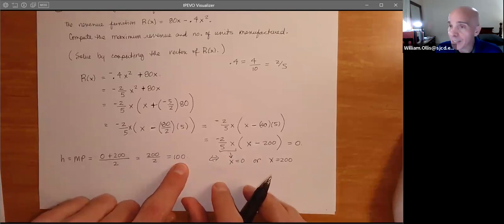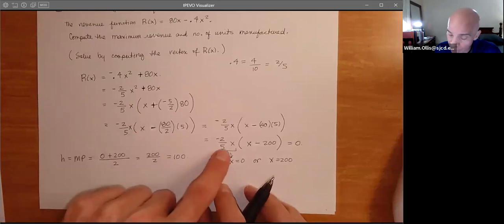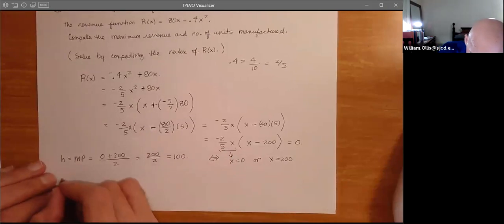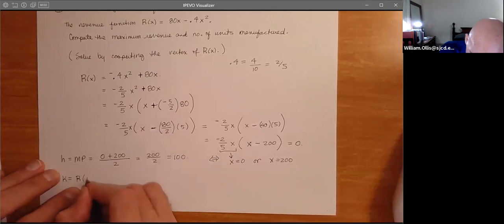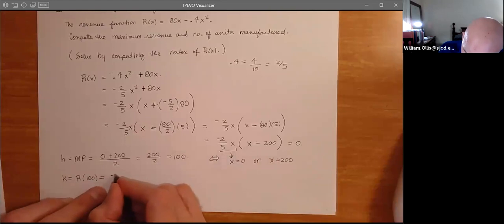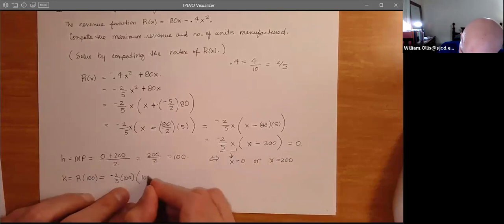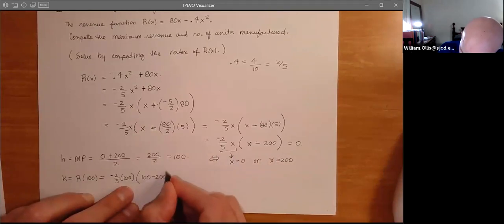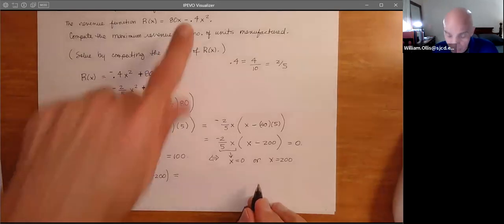And now we can get r just by doing the substitution into our completed square form. So now k is r of 100. Just substitute here, -2/5 times 100 times 100 minus 200. These numbers are so easy, it's worth the trouble. That's just a big mess.